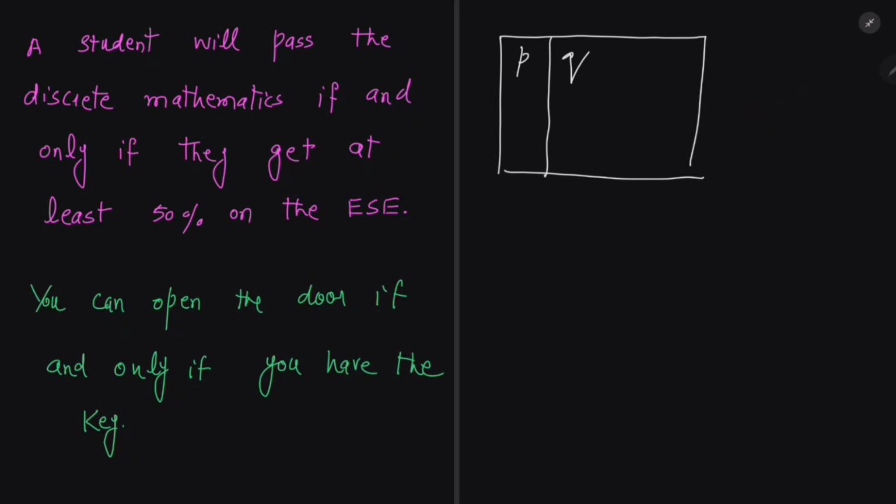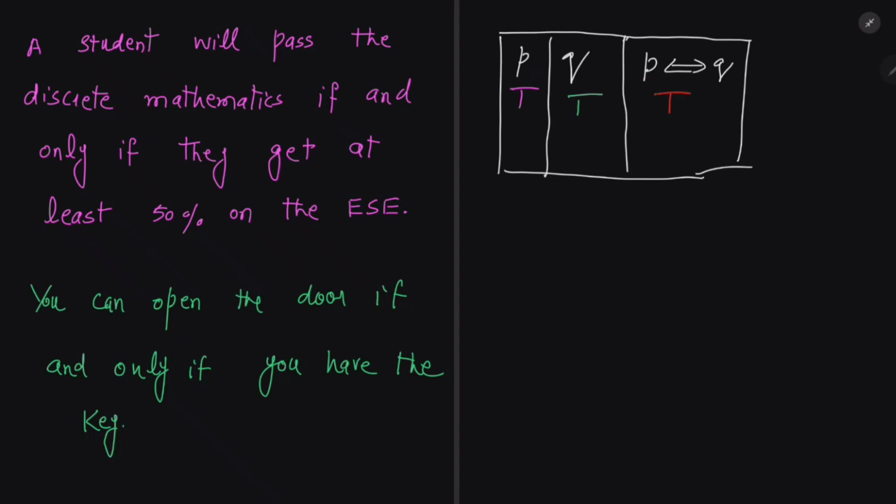So we have P if and only if Q. If P is true and Q is also true, then if and only if is also true. If P is true and Q is false, then the result is also false.